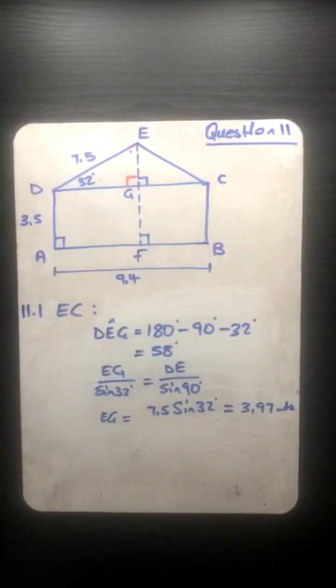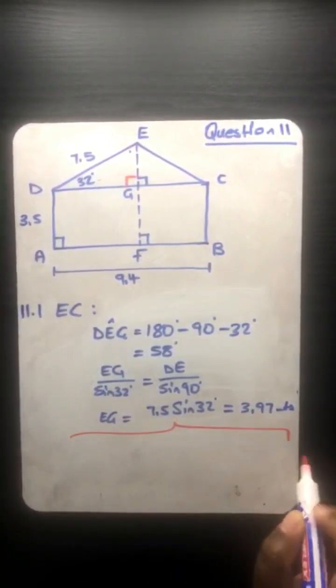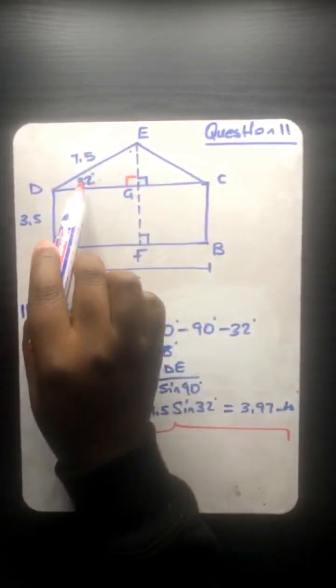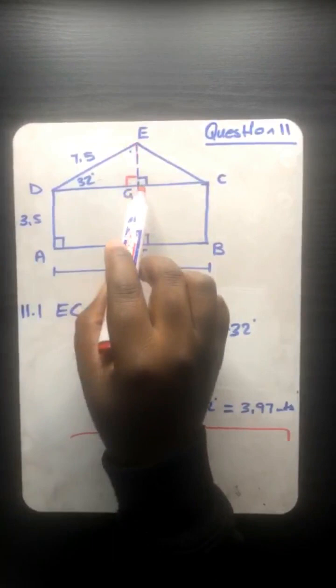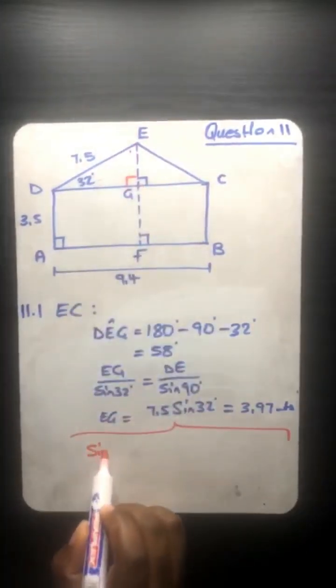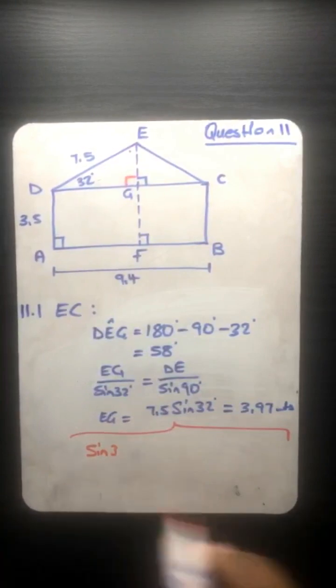So do you mind hinting me at least? Why, sir? This thing you did, since you have an angle and you have the hypotenuse, and you want that side, maybe you should use sine.